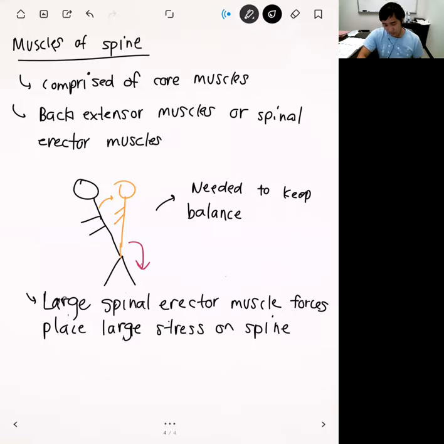This large amount of stress on the spine can cause injury. We talked a lot about that when we talked about proper lifting technique. The proper way to lift a box is to rely as little on your spinal erectors as possible, and the more that you lift with your back, the more risk you put yourself at for injury.